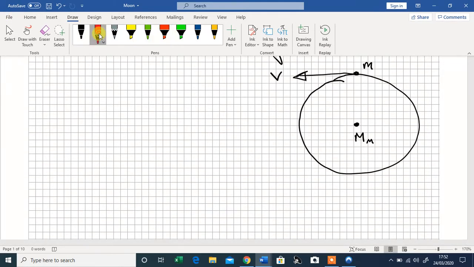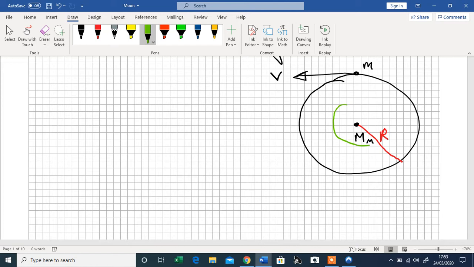Now, let's just change colour, because the radius of the satellite's orbit from the centre of the moon is capital R. It's much bigger than the moon's own radius, and we'll draw the moon's radius in as well.